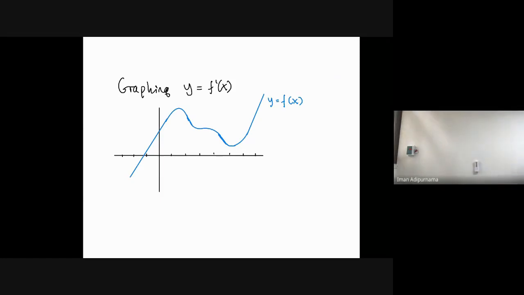The important point to graph is to imagine the f prime is your slope. What is the slope behavior? What is the sign of the slope?